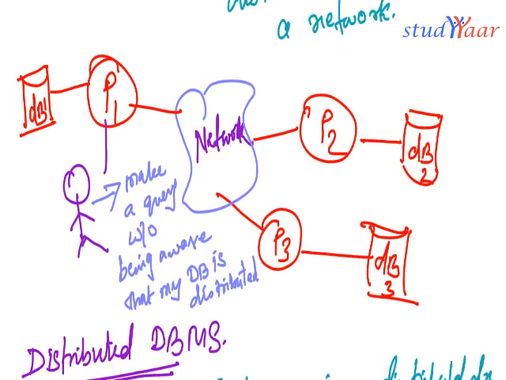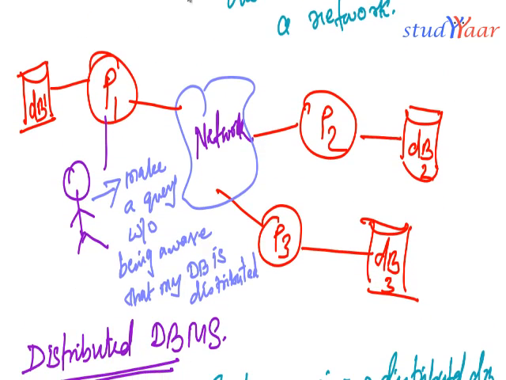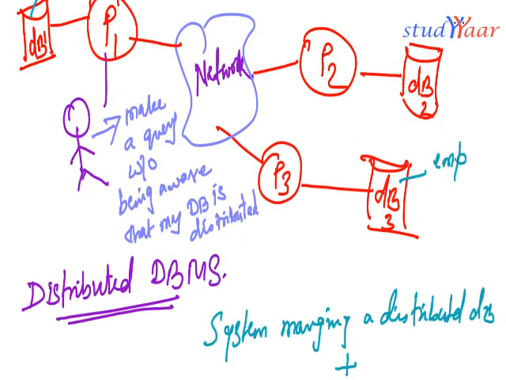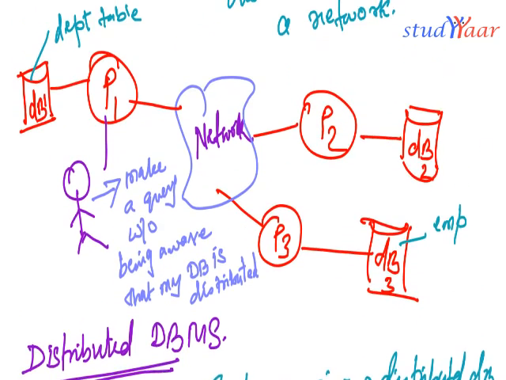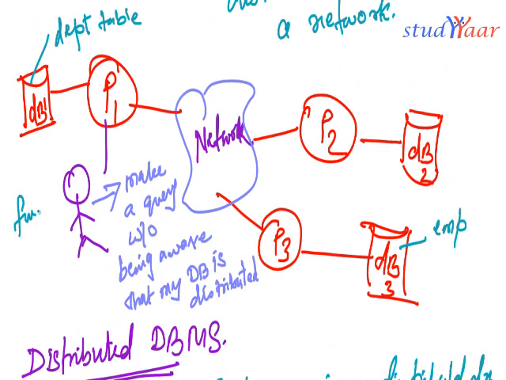Let's suppose this database contains the department table, and this database contains the employee table. Here I make a query: find employees working in research.